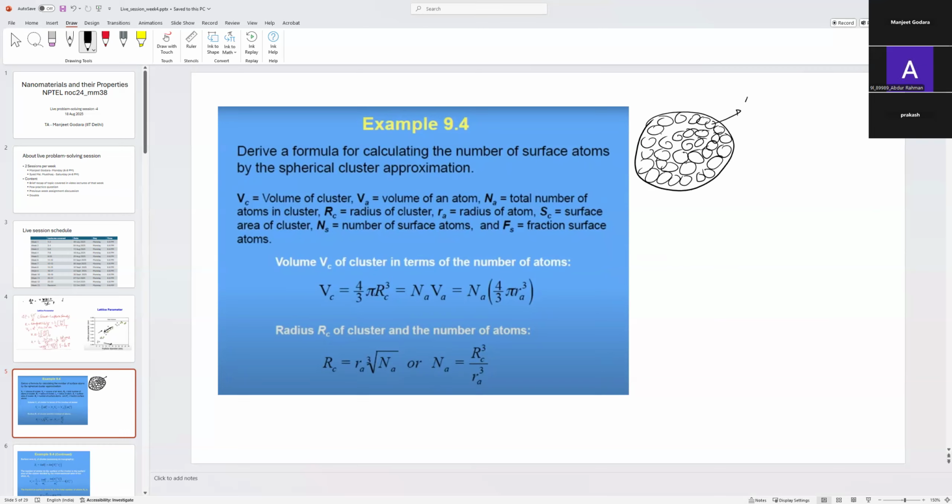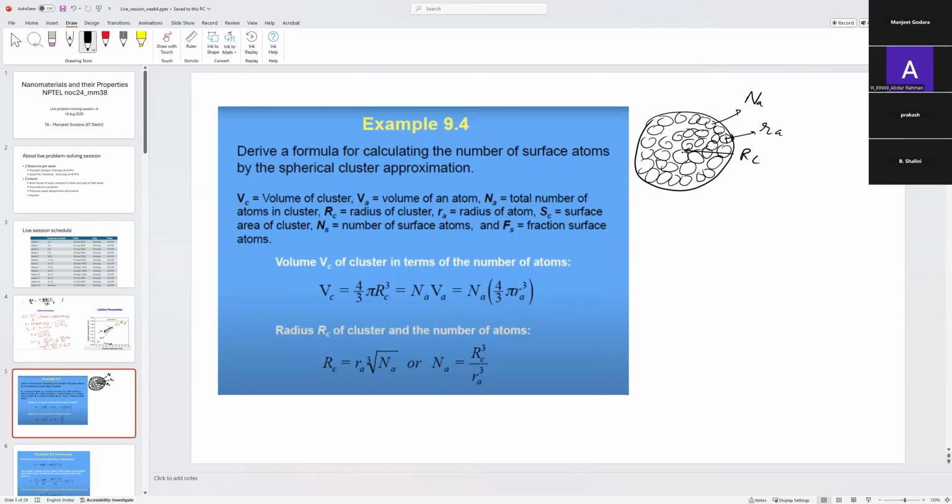There are Na number of atoms inside this cluster. The radius of these atoms is RA. And from the center of the cluster to the boundary, you have RC, which is the radius of the cluster.